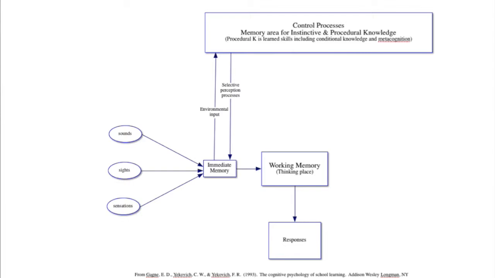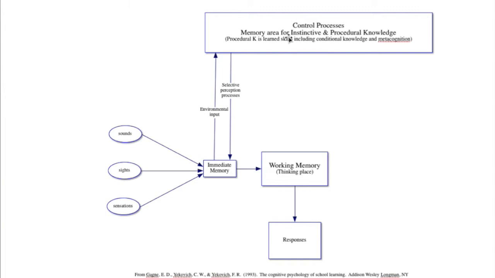So one thing that control processes do is interact with this immediate memory, and some of the things built into these control processes are instinctive. These are things that we just know how to do automatically; we're born with these abilities.